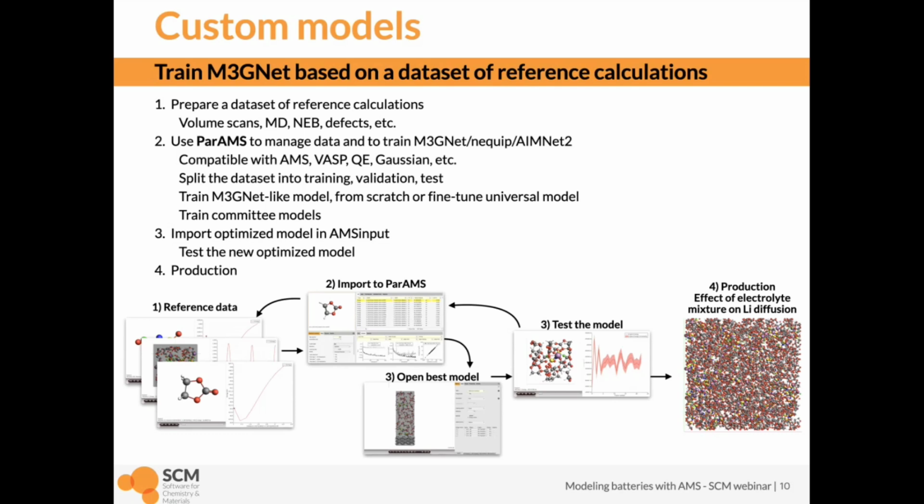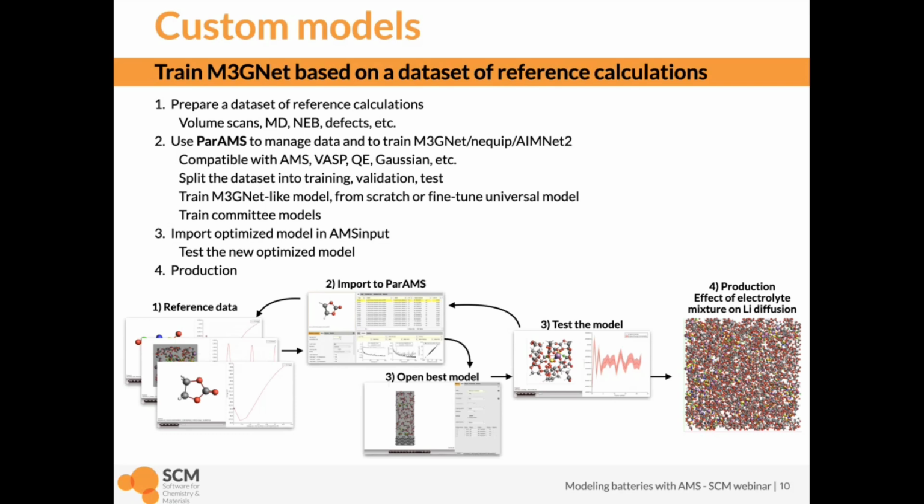Then with ParAMS, you're going to clearly see what type of calculation, the different frames that you have, if it's a molecular dynamics simulation, which engine it's been calculated with, which quantity it is. You can look at the value of the force very easily. You can look at the structure that corresponds to that frame. Then you can split the data. So you can say, I want 20% in my validation set.